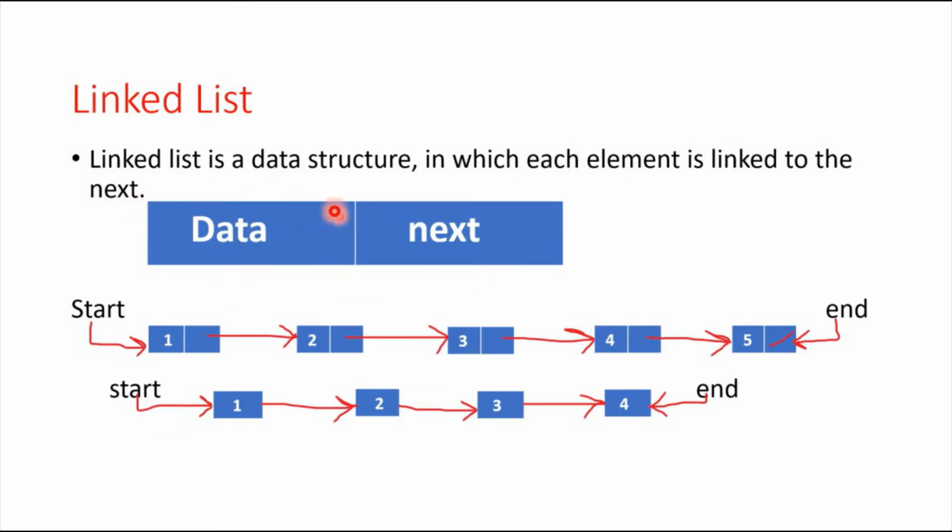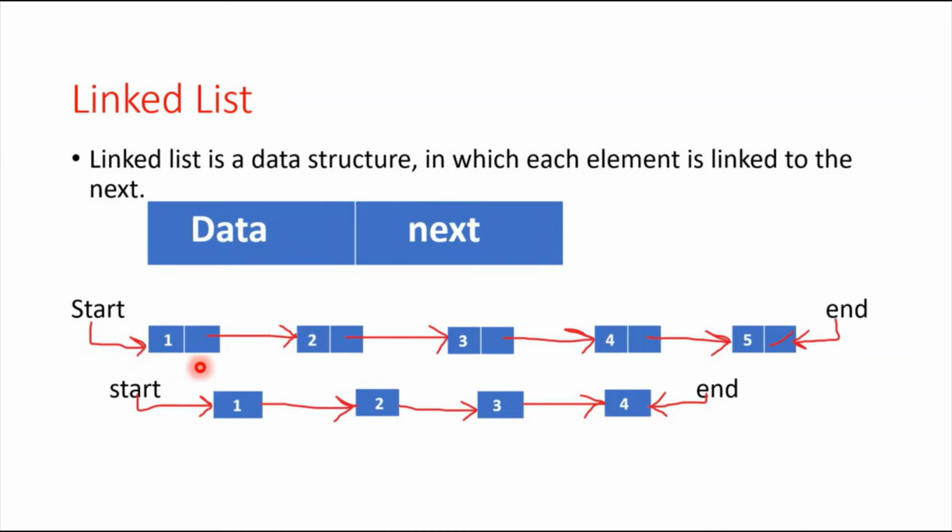Data contains the data object, that is the data element, and next contains the address where the next element is located. Okay, it is the address of the next element. Means if we are at a certain location, next will tell you where to go next, where we can find the next element.